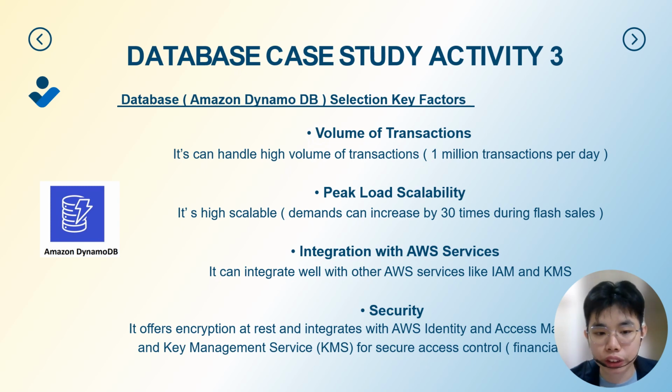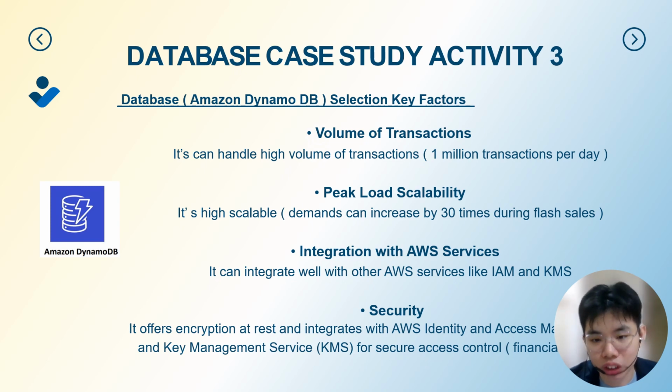Okay, I explained Amazon DynamoDB in the previous slide for case study one. So let's take a look at why, for case study activity 3, we need to choose Amazon DynamoDB. First of all, it's the volume of transactions.